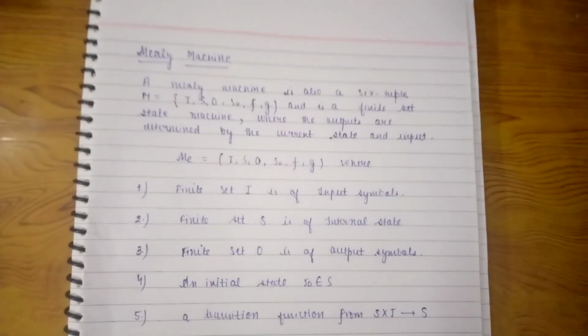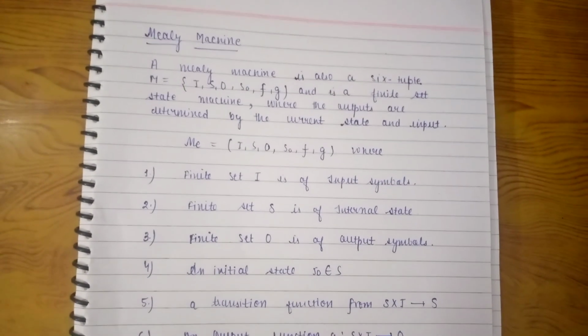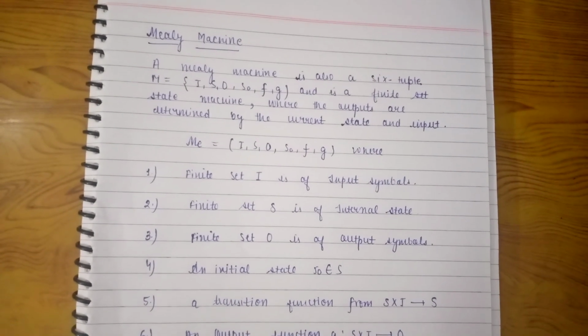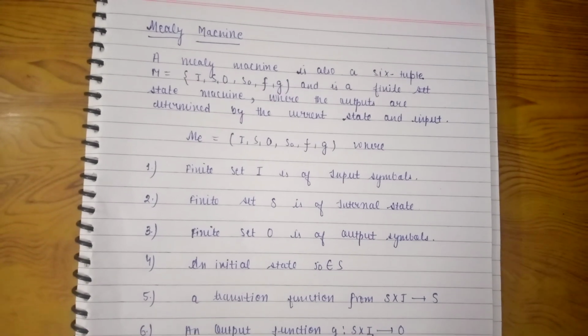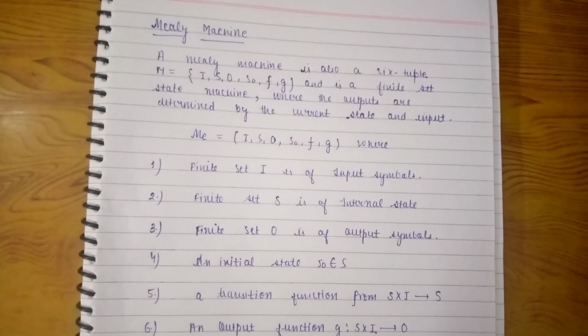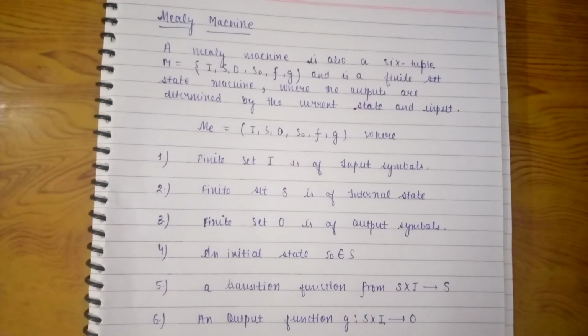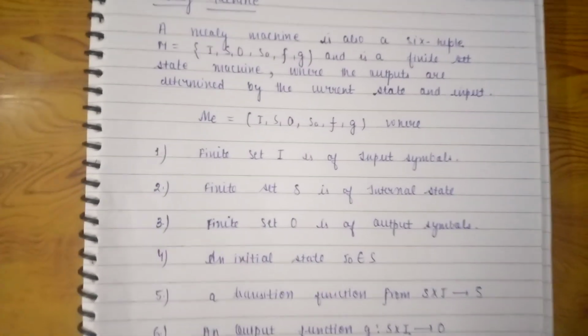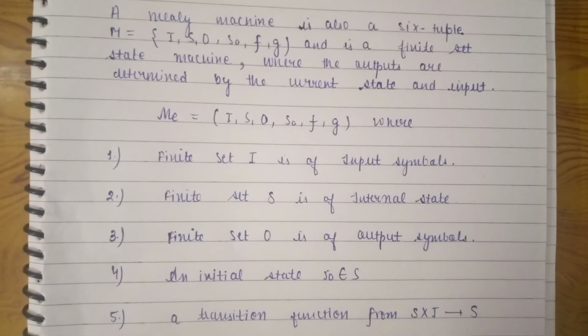Now, the Mealy machine. A Mealy machine is also a six tuple M. M is a set of I, S, O, S naught, F, G, and is a finite state machine where the outputs are determined by the current state and input.